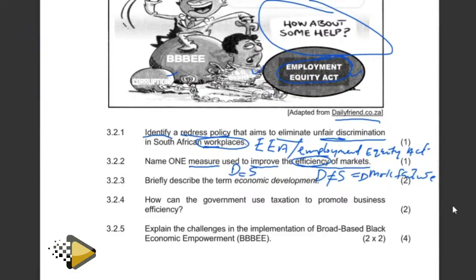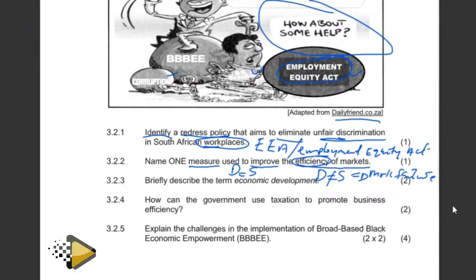Okay, right. So now let's check 3.2.3. 3.2.3 reads as follows. Briefly describe the term economic development. Grade 12s, economic development takes into account the approach towards the household. So it means when we talk of economic development, we should always make sure that we take the household into account.